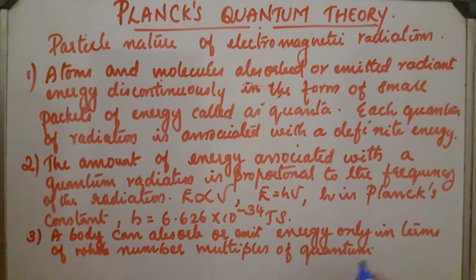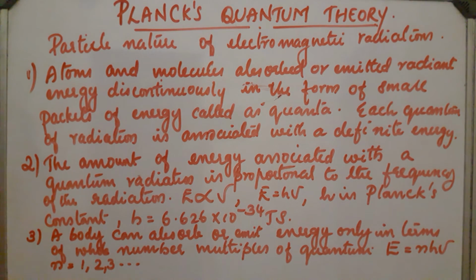So we can say the energy E is equal to n h nu, where n represents whole numbers ranging from 1, 2, 3, etc. This n never becomes a fractional value.